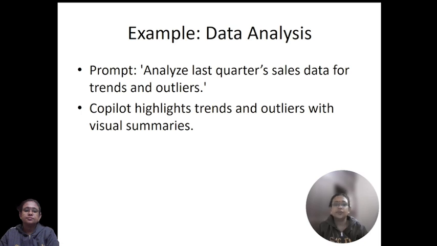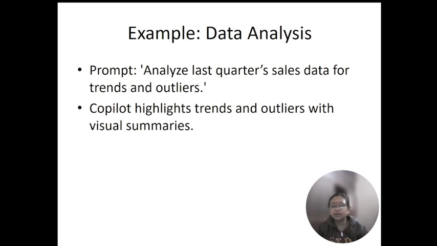So here are a few examples of data analysis and how Copilot helps us, especially when it is integrated with Excel. You can give a simple prompt: analyze last quarter's sales data for the trends and outliers. It will give you all the details, and you can also prompt it: give me a pie chart of it, or give me a Gantt chart, or give me a tabular format.